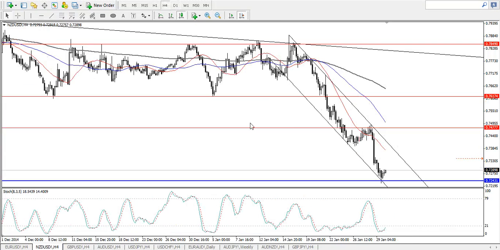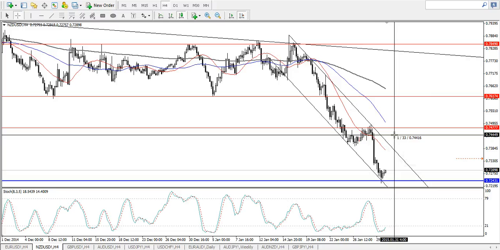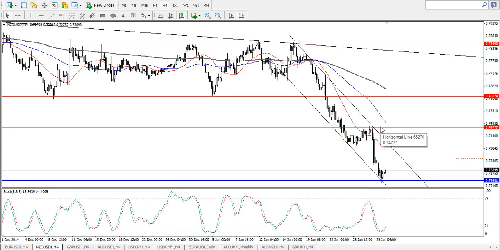Alright. But however, if price were to break above the next resistance level, we're looking at 0.7477. And if that happens, do take note that there might be an inverse head and shoulder forming. Alright, if it happens to break above, touches this resistance level, it might form an inverse head and shoulder just like this.